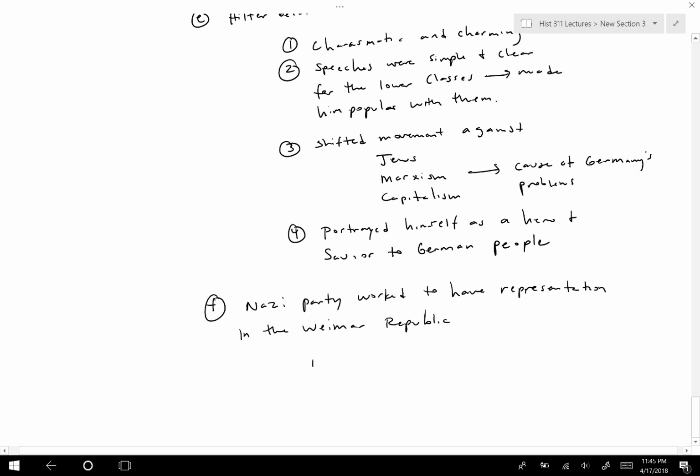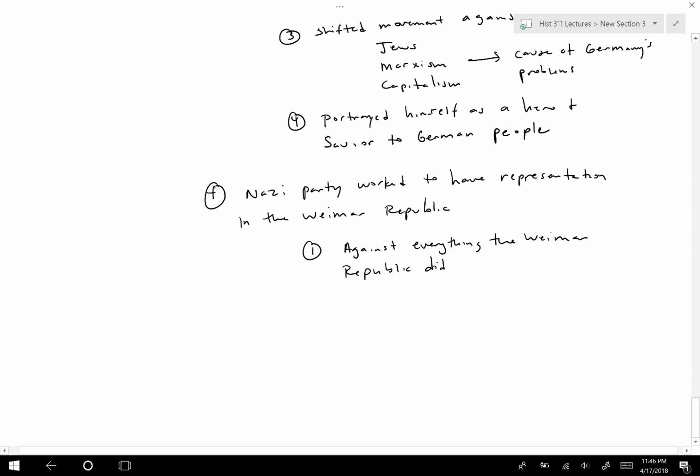And they specifically were pretty much against everything the Weimar Republic did. So why does this work? Because, right, the Weimar Republic kind of gets blamed for Germany's issues that we listed before, because of the Versailles Treaty and those main issues, because of inflation.